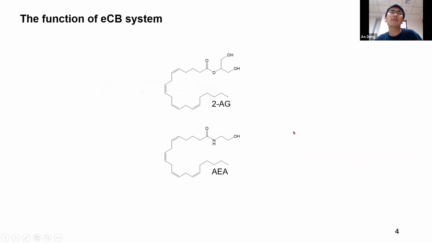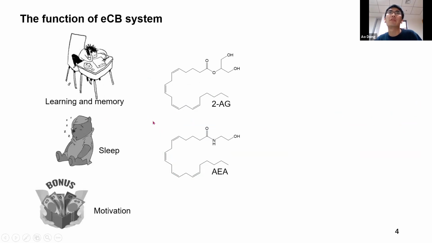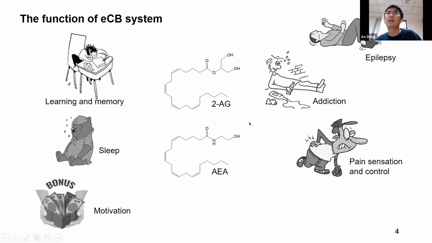Basically, this eCB system functions in almost all brain regions and plays important roles in many processes, including learning, memory, sleep, motivational behavior. And the system is also tightly linked with different diseases, for example, epilepsy, addiction, pain, and neurodegenerative diseases.